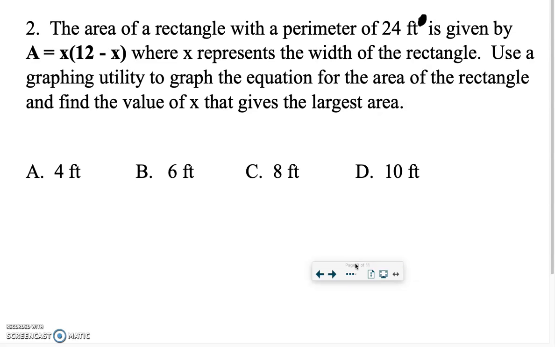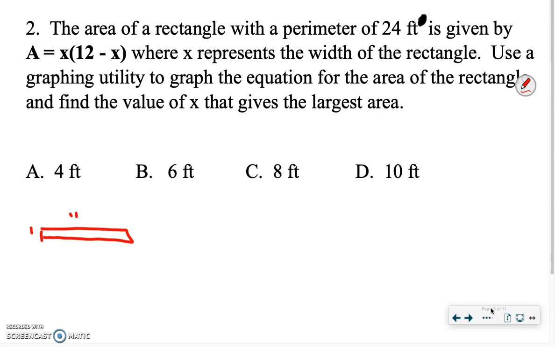So what this is playing off of is the idea that if we change the overall look of our rectangle, but the perimeter stays the same, the area doesn't necessarily stay the same. I wouldn't draw this out if I were you, but we could have a rectangle that's 1 by 11. Does that have a perimeter of 24? 1 plus 11 is 12, plus 12, yeah.